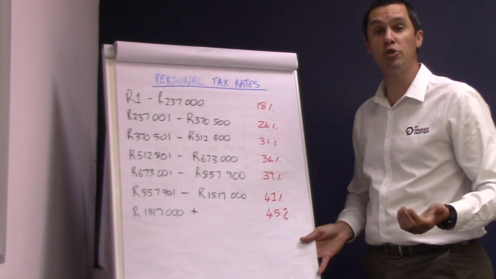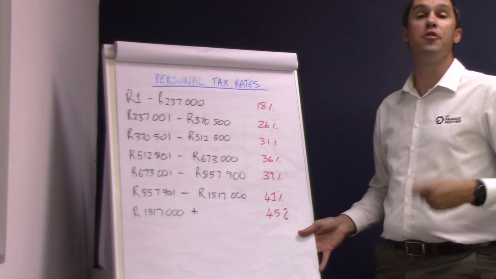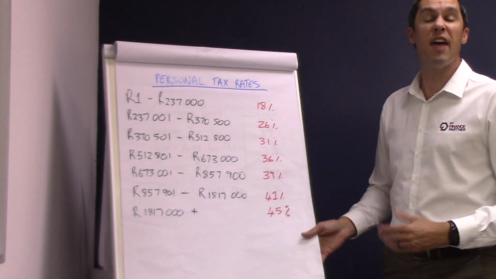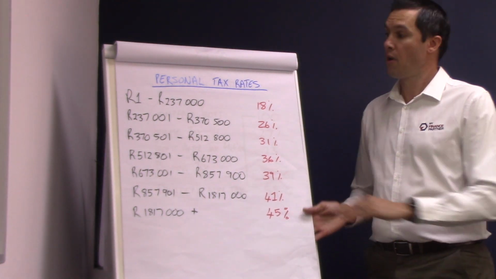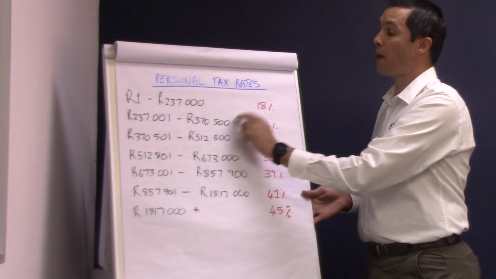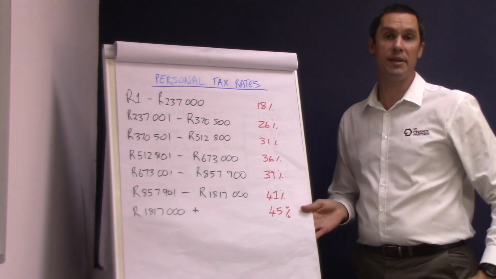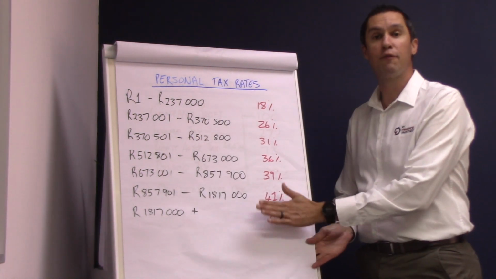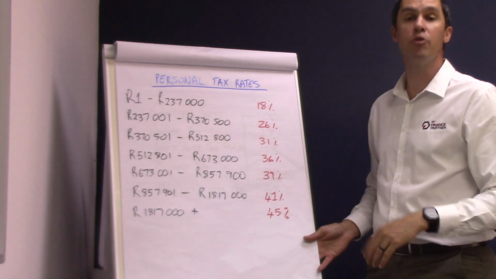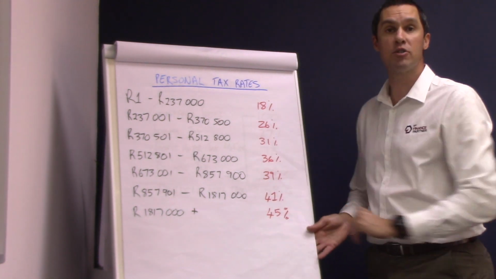Okay, so let's assume you are earning 300,000 Rand a year, and you make a capital gain on some shares or investment that you cashed in, and the capital gain is 50,000. Because you fall in this bracket, the 50,000 will be taxable in that bracket at 26%, not at 45%.